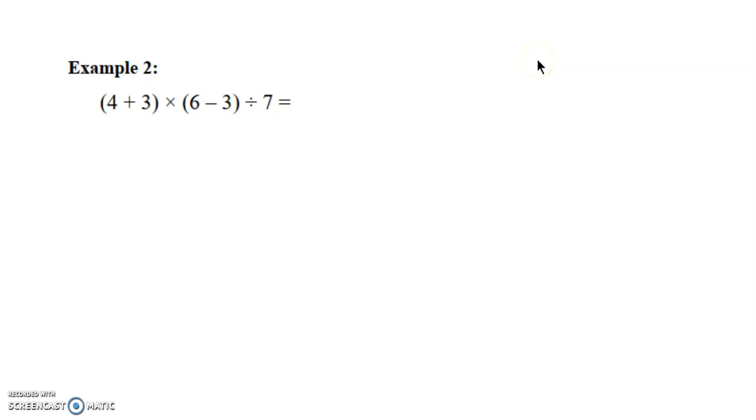For example 2, we see that we have brackets, and we have 2 sets of brackets. I'm just going to write the BEDMAS just so we can stay on track. So the first thing we're going to do is solve anything with brackets. So we have 4 plus 3 in brackets here, and 6 minus 3 in brackets on the right.